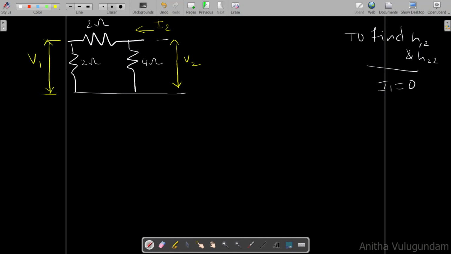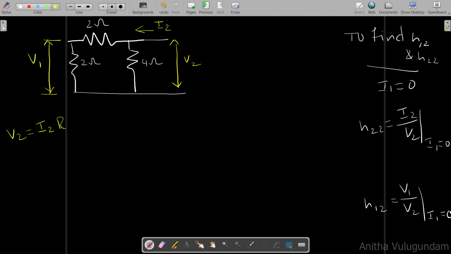This is V1. H22 equal to I2 by V2 when I1 equal to 0, and H12 equal to V1 by V2 when I1 equal to 0. So from the figure I can write V2 equal to I2 into R equivalent, and current gets divided in these two branches. Whatever current enters this 2 ohms will be flowing in the other 2 ohms.